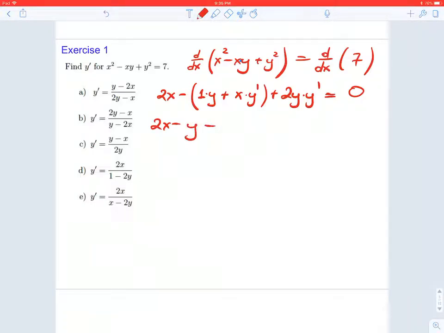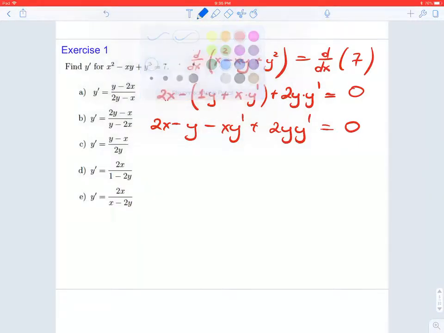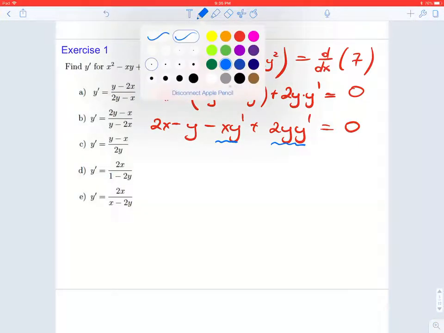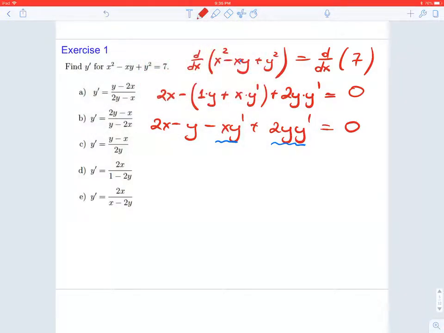2x minus y minus xy prime plus 2y y prime equals 0. We're solving this equation for y prime. I have to isolate these two terms on one side, and I will write the positive one first. 2y y prime minus xy prime, and I will add y to both sides and subtract 2x.